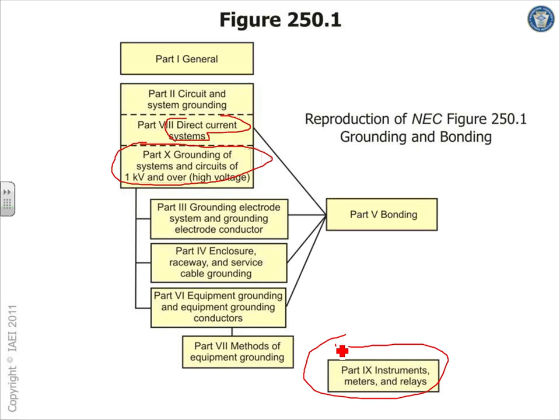If you have a voltage higher than 600 volts, the code refers you to exactly the same tables we used for low voltage, 250.66 and 250.122. Obviously, if you're doing a substation, they have a ground grid that they use and a bunch of other things.